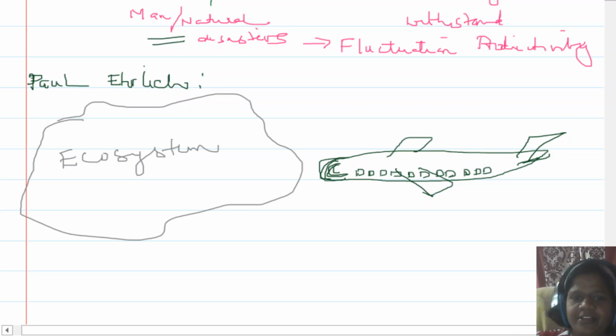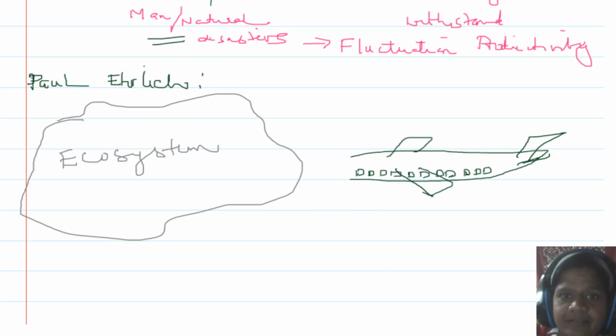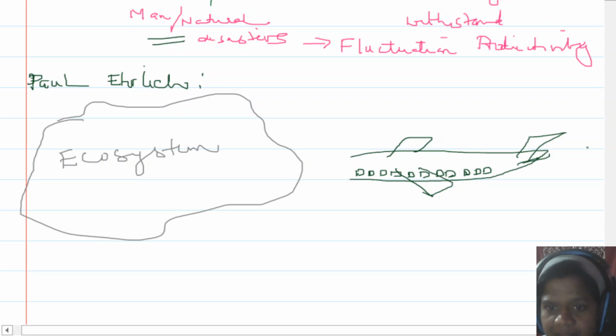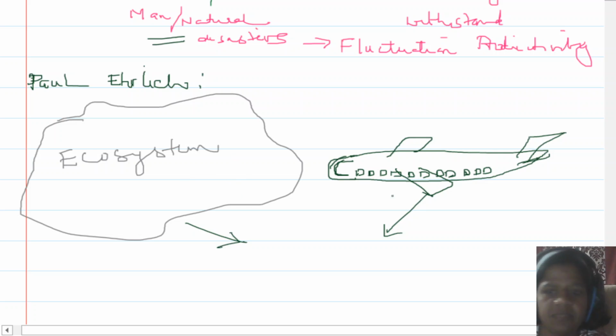Okay, just use your imagination that this is a plane. He compared these two, and he said an ecosystem is like a plane.